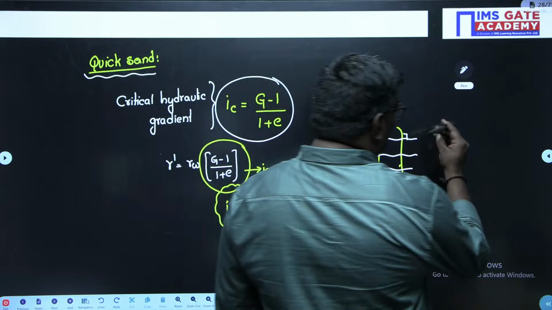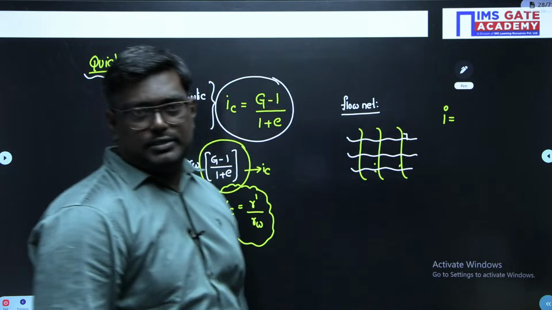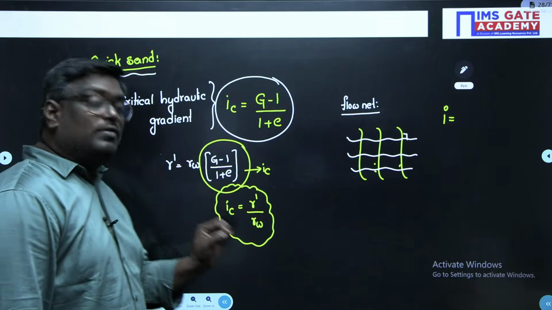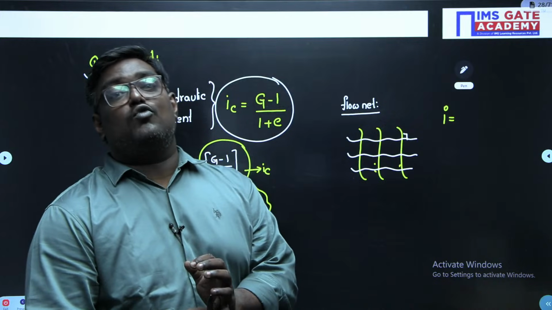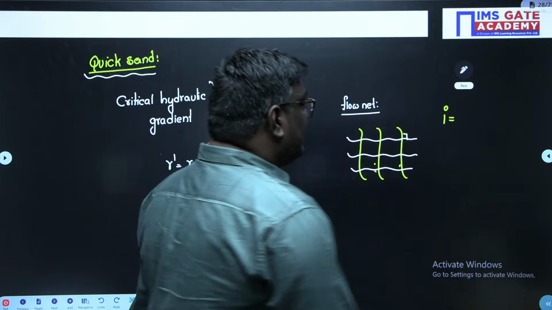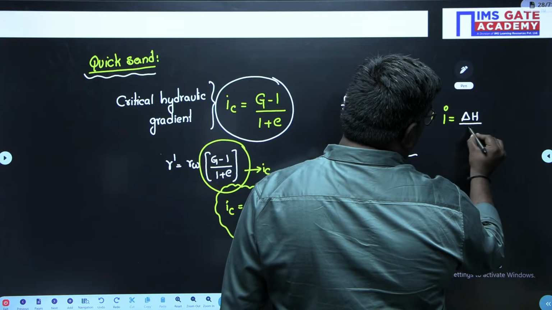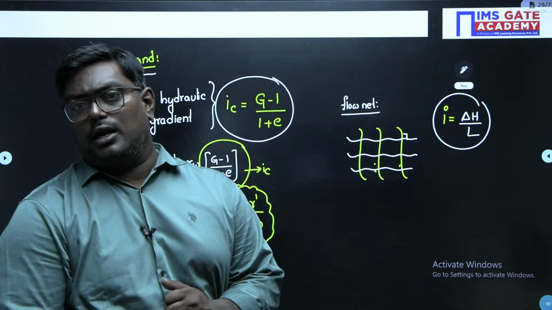Now, I is nothing but hydraulic gradient. When the word critical hydraulic gradient comes, it is used in the case of quicksand condition. Here hydraulic gradient is delta H by L, the loss of head per unit length.